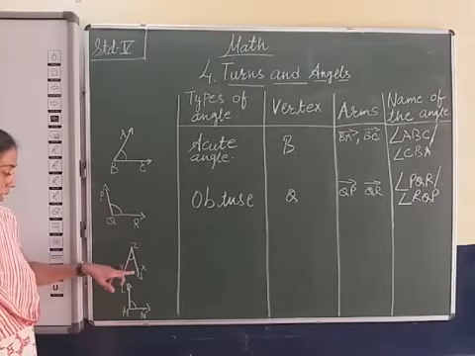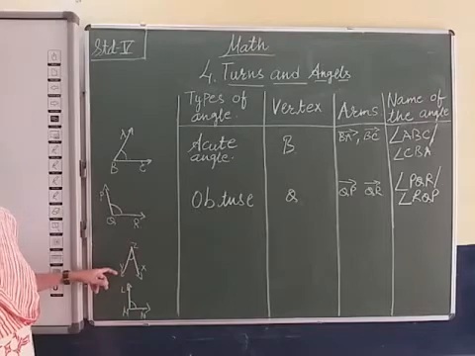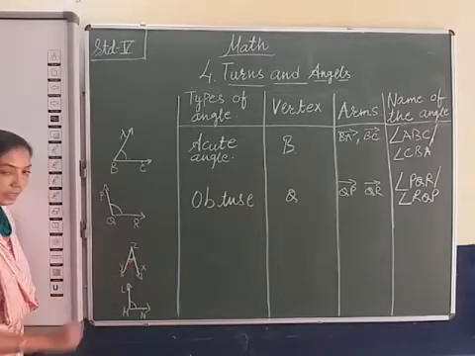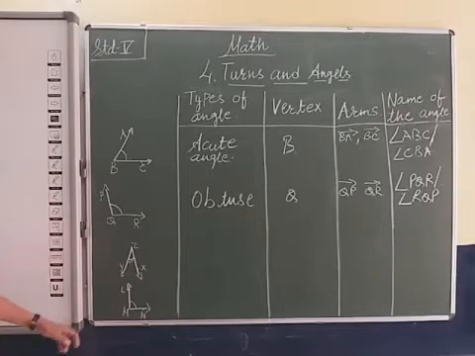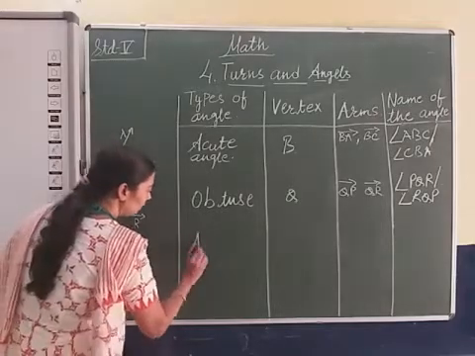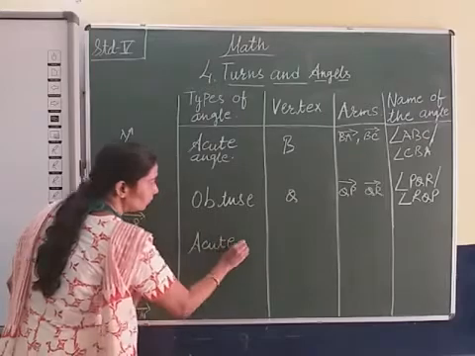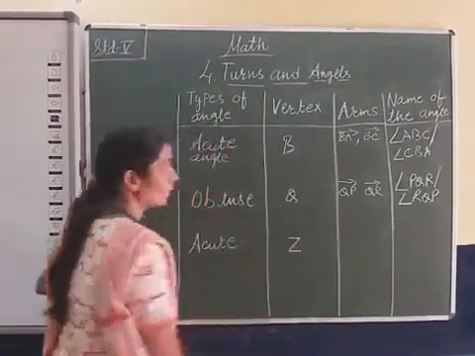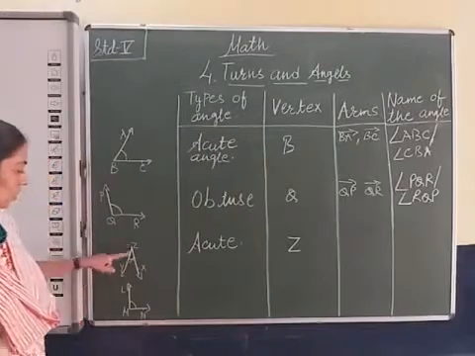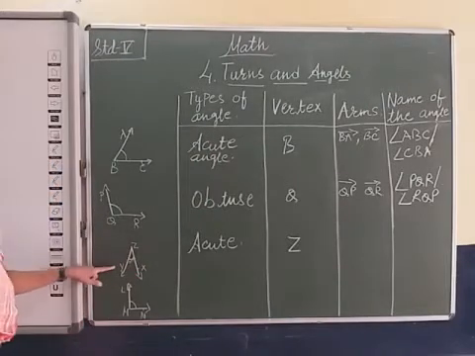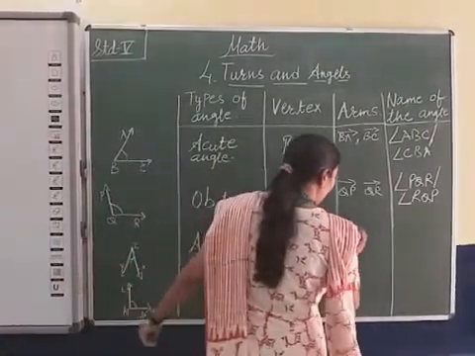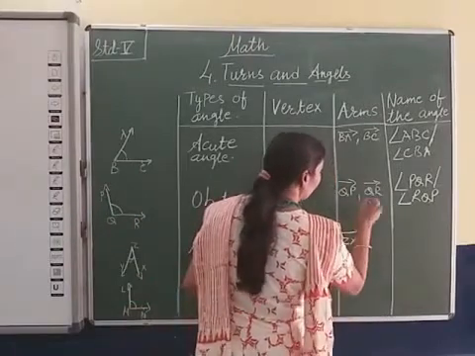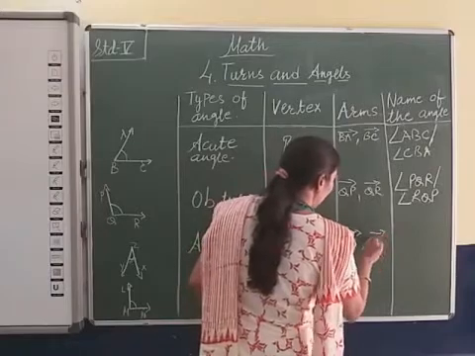This angle X, Y, Z, which type is this angle? It is less than 90 degree. Less than 90 degree means acute angle. And the vertex is Z. And the arms are ZX, ZY. We write here ZX arm and ZY.